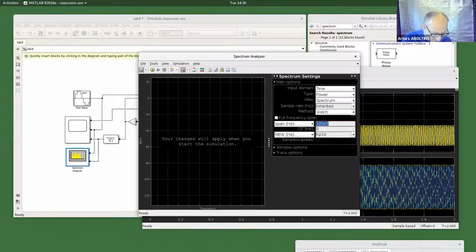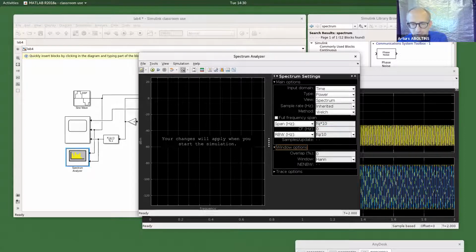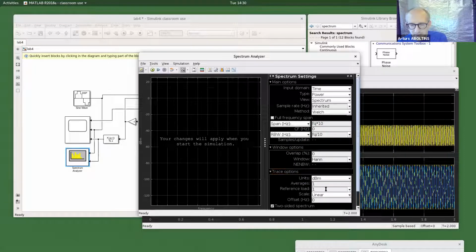So it's like the frequency times 10. This time it's multiplied. And we could also say that we do not need double-sided. We could live with a one-sided spectrum, yes.